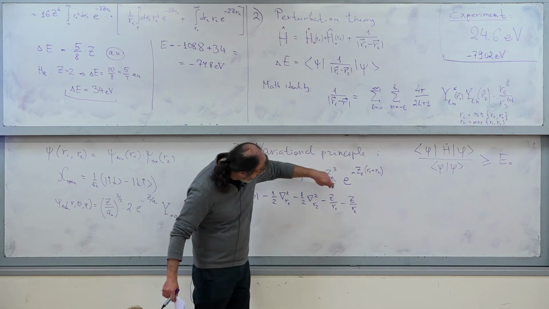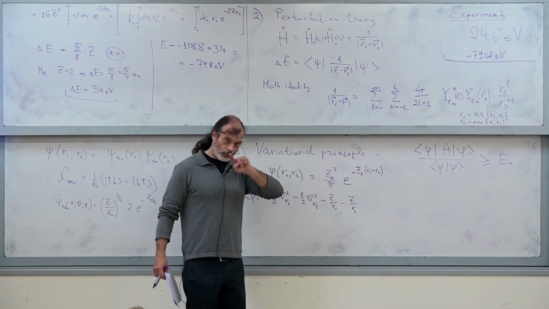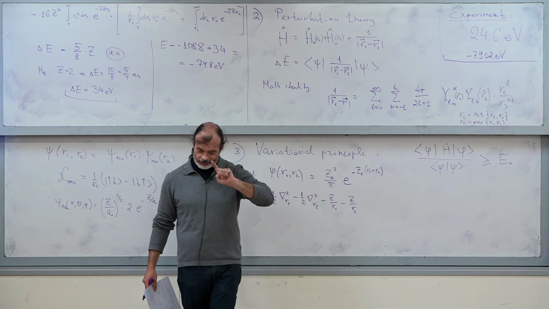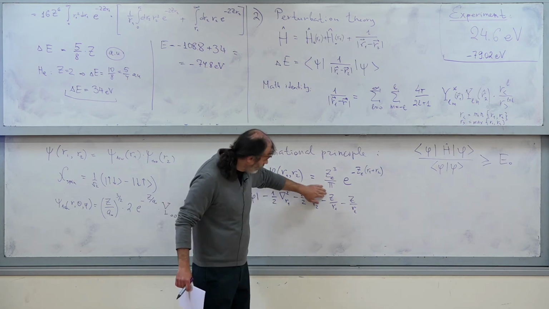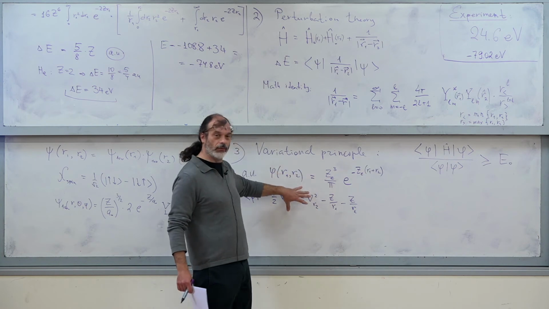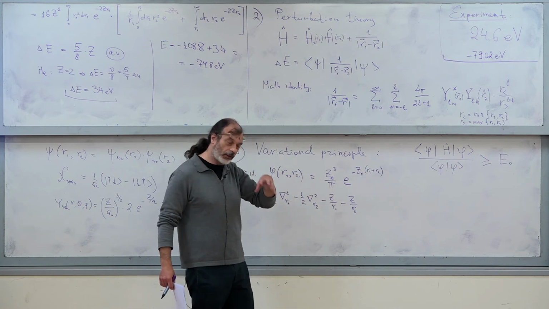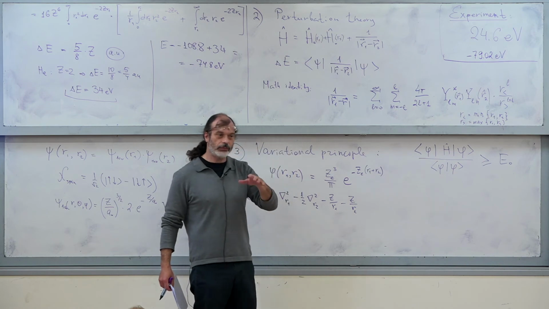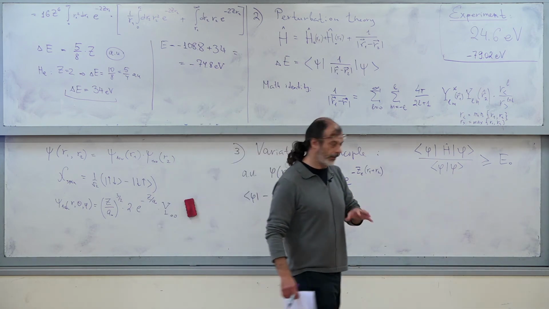And here I have Z, not ZE, not the effective atomic number, but the real atomic number, because this is the real interaction. That's H0. So here is the real interaction, and Z is equal to 2. Okay, that's the real Z.